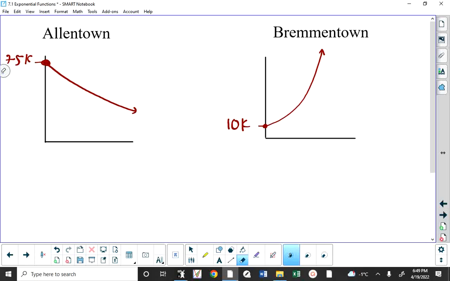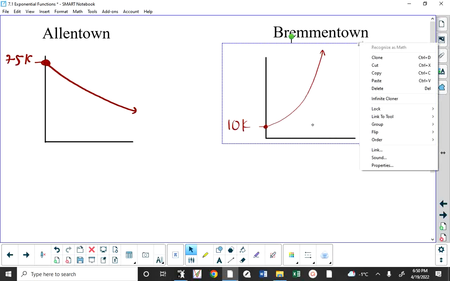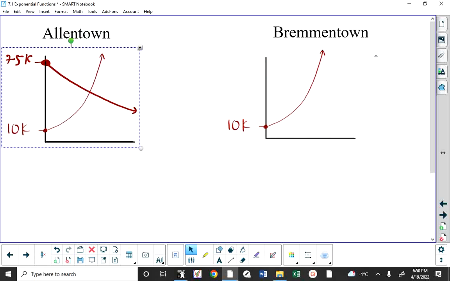Not that it's relevant, everybody, but the severity of Brementown's curviness is greater than the severity of Allentown's curviness, because Brementown is growing by 9% per year, whereas Allentown's only shrinking by 5%. What we want to do here, everybody, is find out where these two graphs cross. That's what we want to do.